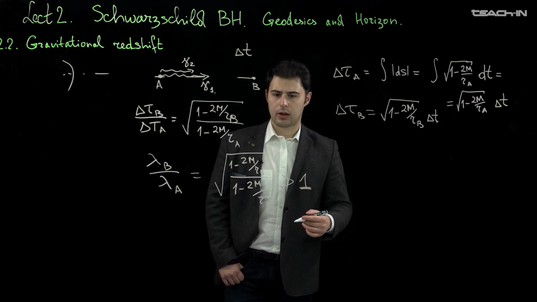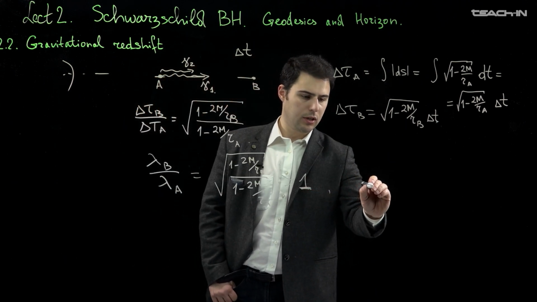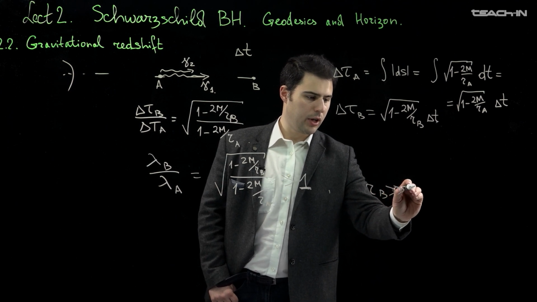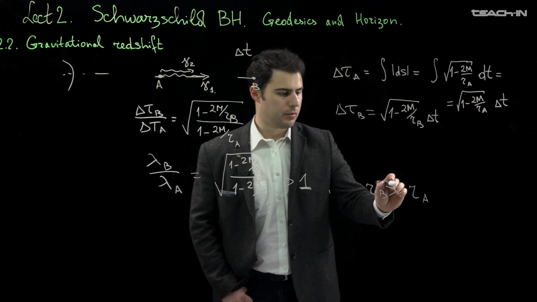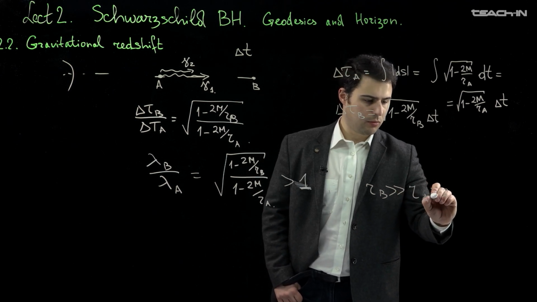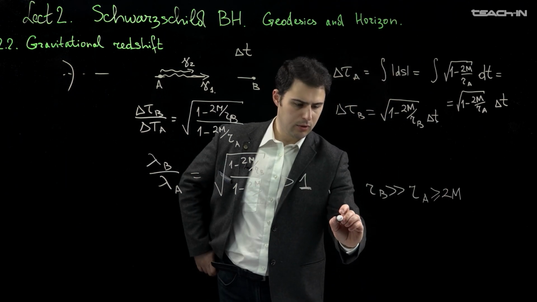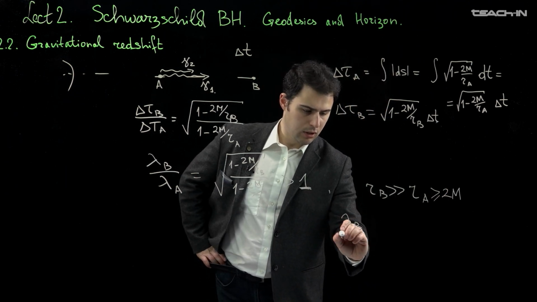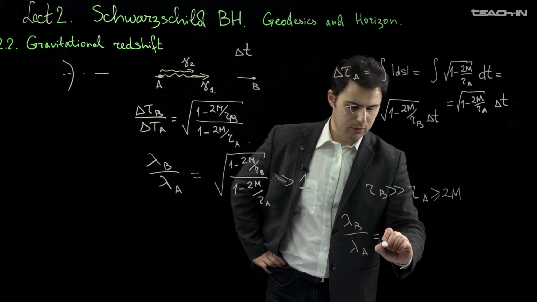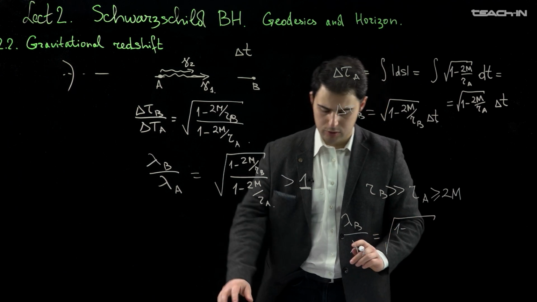Now, if we take r_B much greater than r_A, which is greater or equal than 2m, we have lambda_B over lambda_A equals 1 over the square root of 1 minus 2m over r_A.